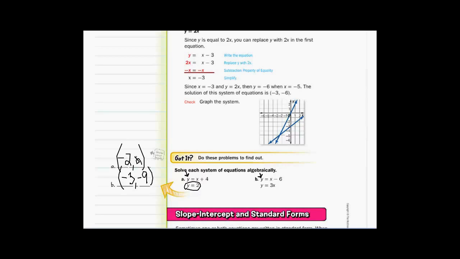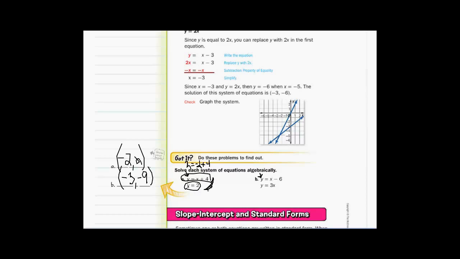To know if negative 2, 2 is your answer, put in 2 for y and negative 2 for x, and see if it works right here. Does 2 equal negative 2 plus 4? Yes. Right here, your y value is 2 equal to? Yes. It has to work in both of them for it to be true.